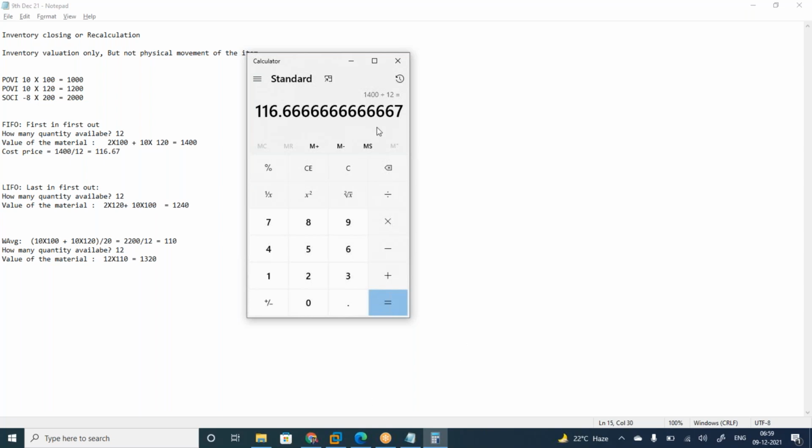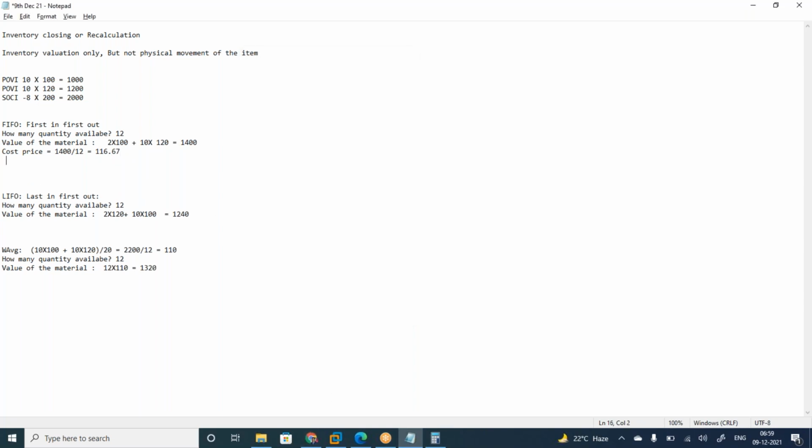We'll discuss that in detail later, but remember this one. A huge number came, and instead of that, we have entered simply 116.67. But there is a difference between 116.66667 and this.